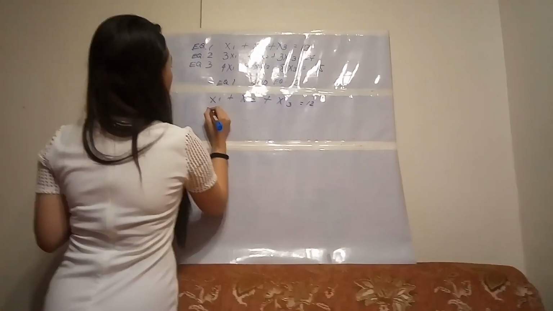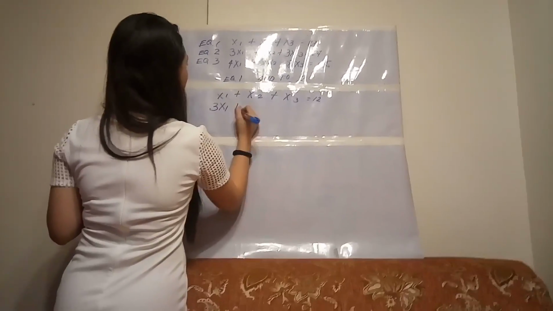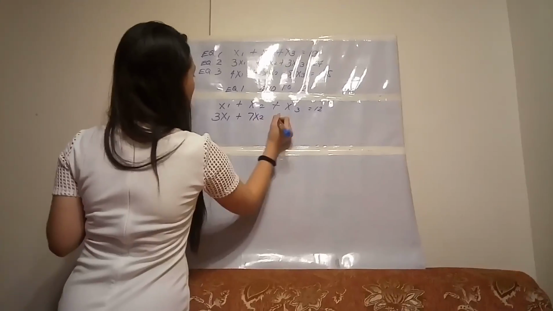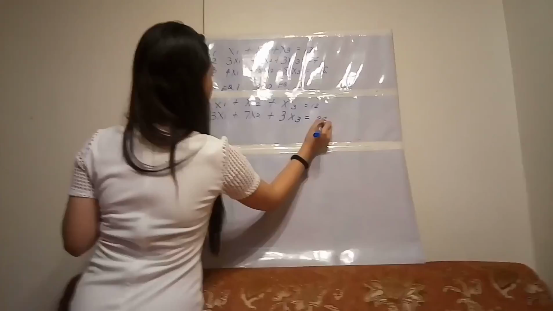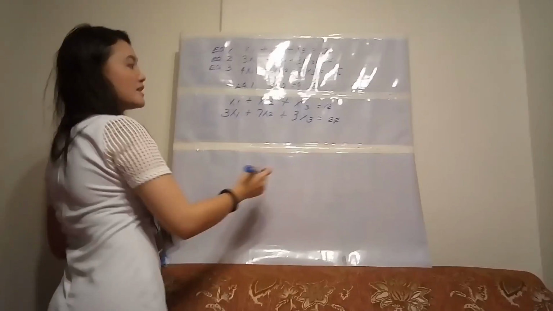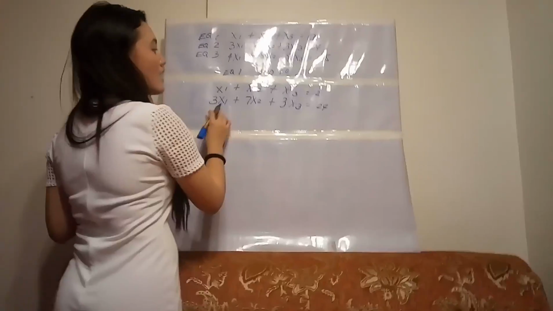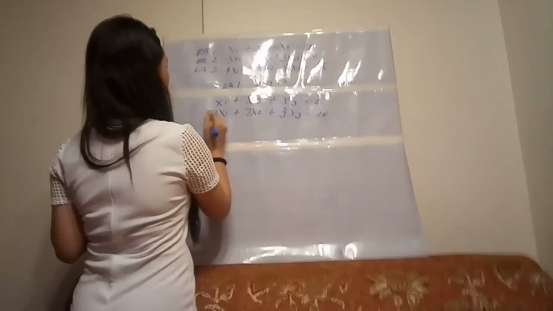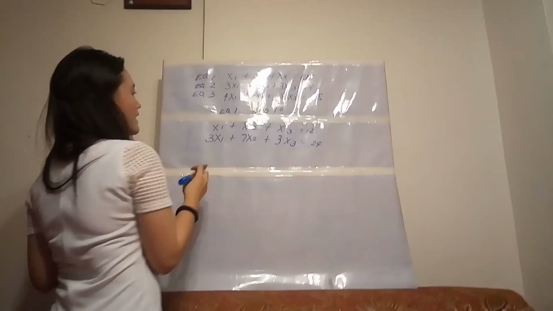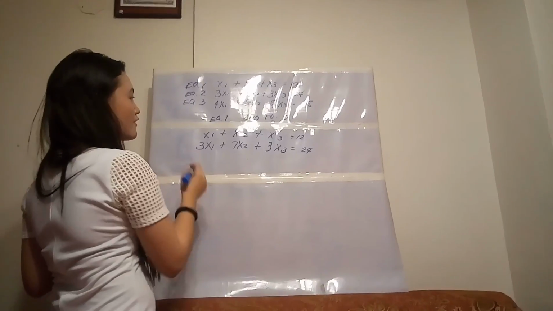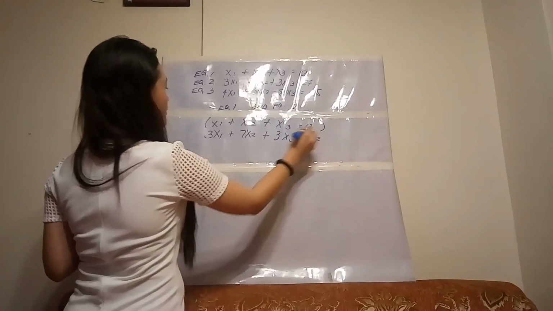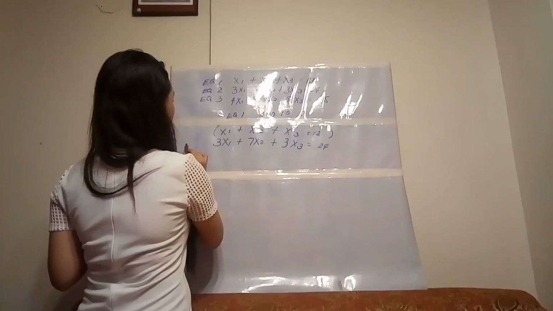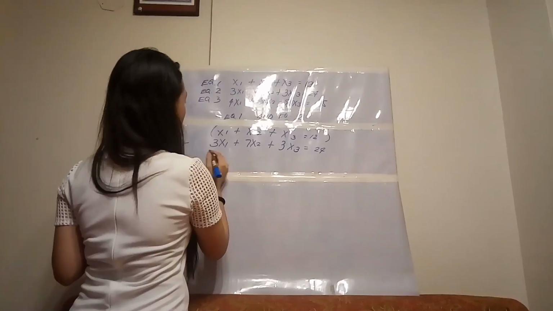And equation number 2, which is 3x1 plus 7x2 plus 3x3 is equal to 24. In order to eliminate the other values of x, we can think of a number that we will multiply in this equation to eliminate values of x.